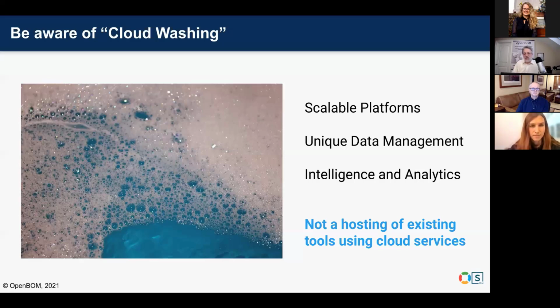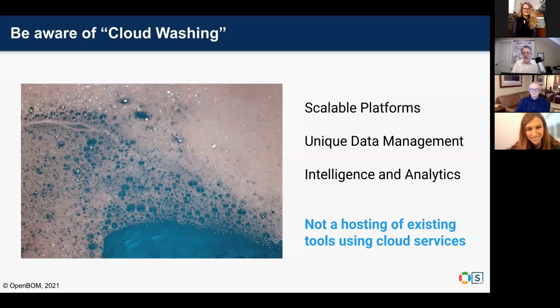But at the same time, I want to alert people and prevent this narrow thinking, because we can see this cloud washing that happens a lot these days when everything is becoming a cloud. Go online and look at all products, all systems, and you will see cloud everywhere. So you will obviously be asking the question, Helena, that you asked, how to differentiate.